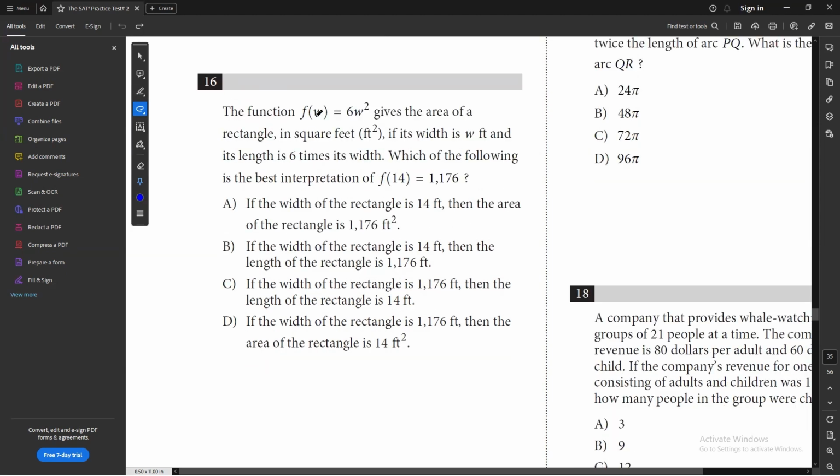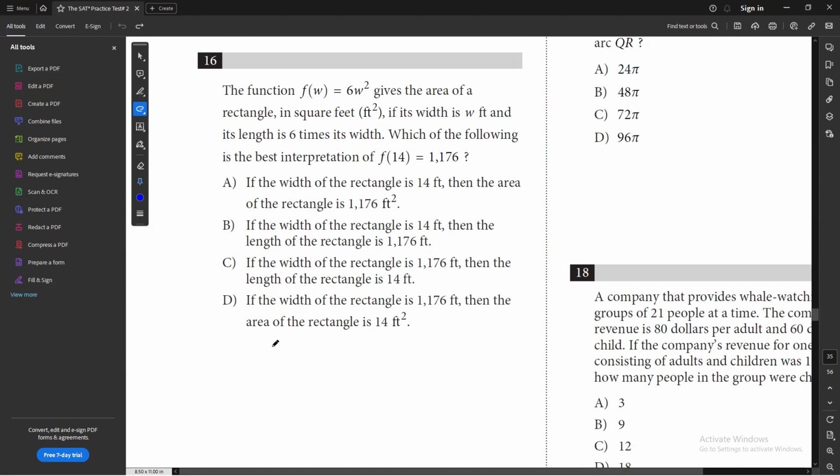The function f of w equals 6w squared gives the area of a rectangle in square feet if its width is w feet and its length is 6 times its width. Which of the following is the best interpretation of f of 14 equals 1176? So we have a function f of w which equals 6w squared.